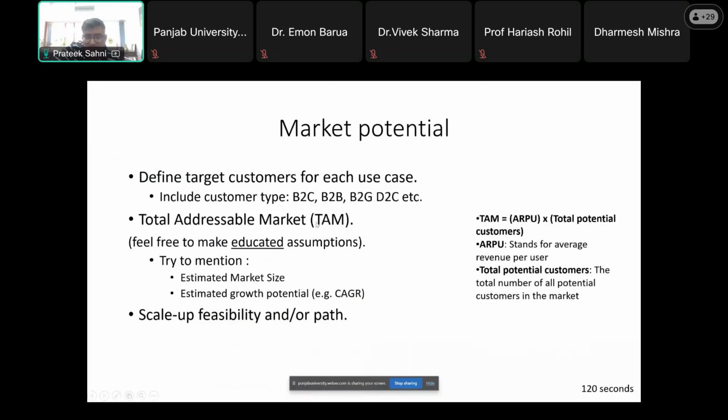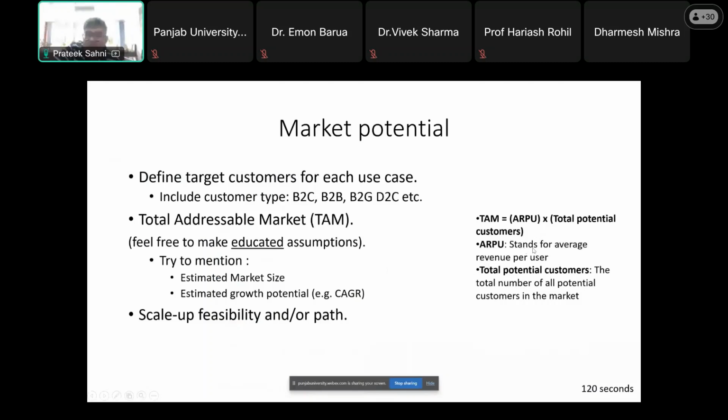This TAM is found by multiplying the average revenue from every user of your technology or product, multiplied by the number of potential customers who are buying your product.